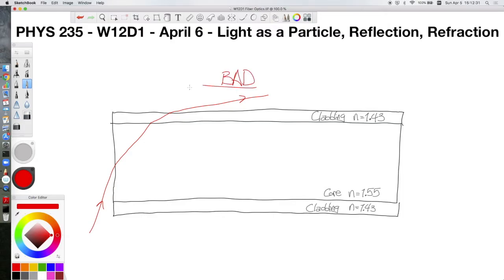This is not how fiber optic cables are supposed to work. So my question for you is the following. What is the largest angle the ray of light entering the fiber optic cable can make with the normal and still remain within the core?